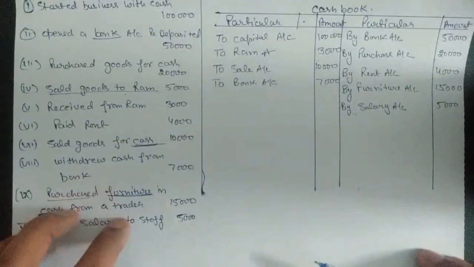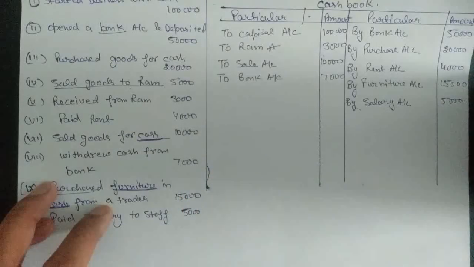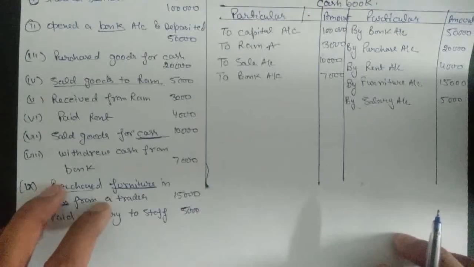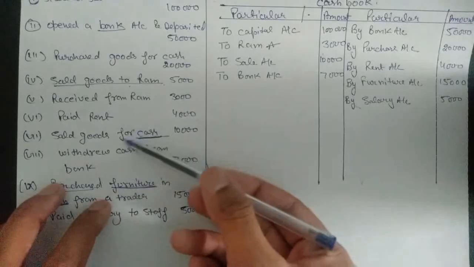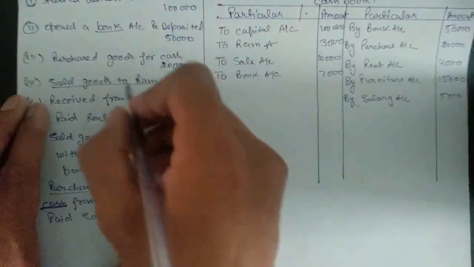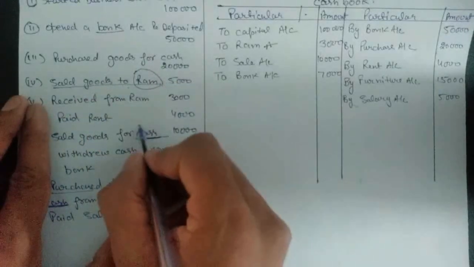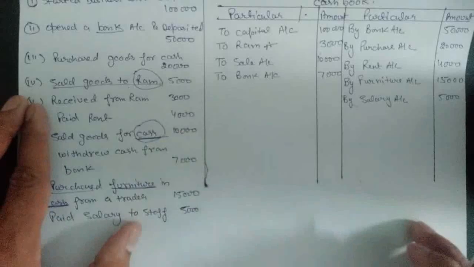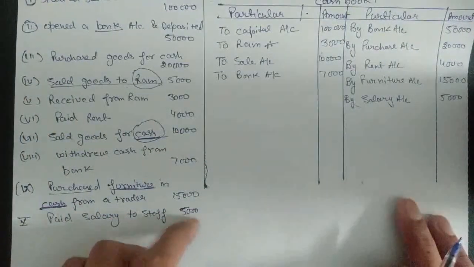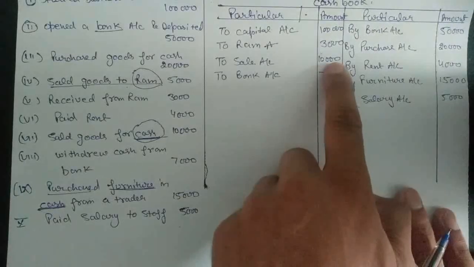Next is paid rent. It is directly an outflow because we are paying rent. Next thing is sold good for cash. Here we are selling goods again, but this time for cash. In earlier entry, they mentioned the name of Ram. This time they mentioned clearly that we are selling in cash. So there is an inflow of cash in the business. So we will record it 10,000.